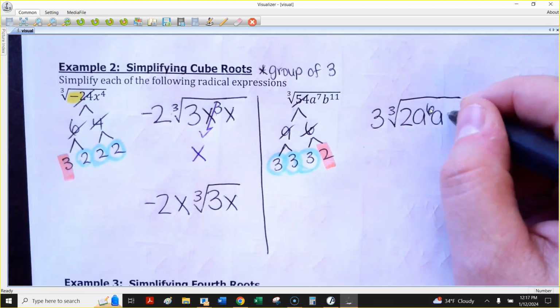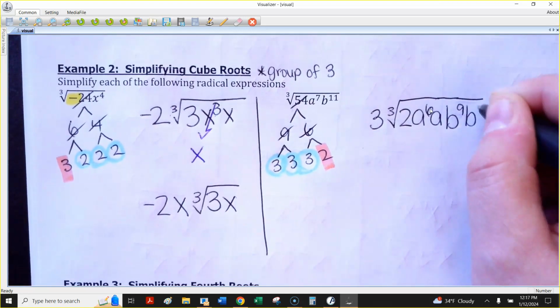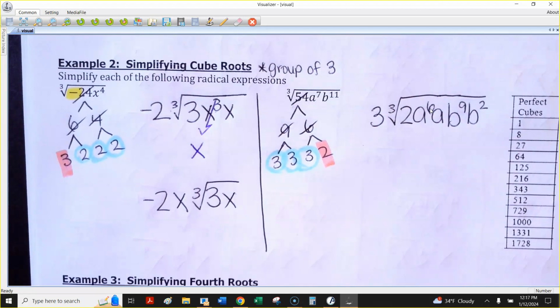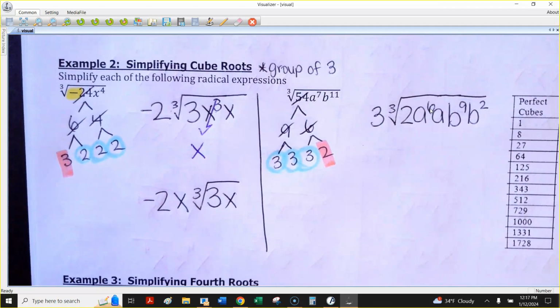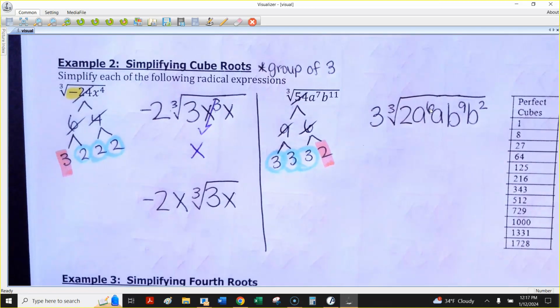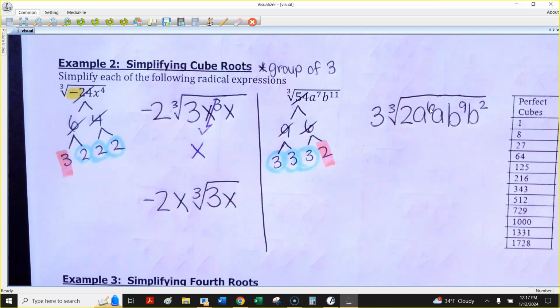Does that sound good? 9 and 2 add back up to be 11. All right. So you just have to make sure the exponents, that's your exponent properties we were reviewing a few days ago, but the exponents have to add back up to what you started out with. The goal is just to kind of break them up so you can get an exponent that's divisible by your root. Here I'm trying to get something that's divisible by 3. So I'm looking for like 3, 6, 9, 12, numbers that are divisible by 3.